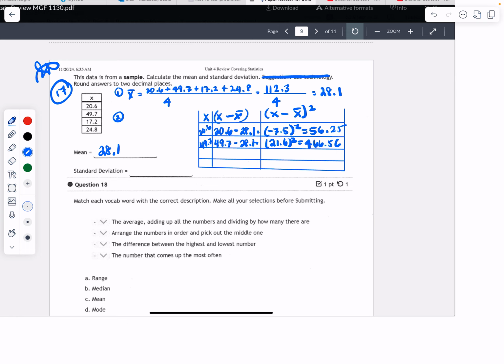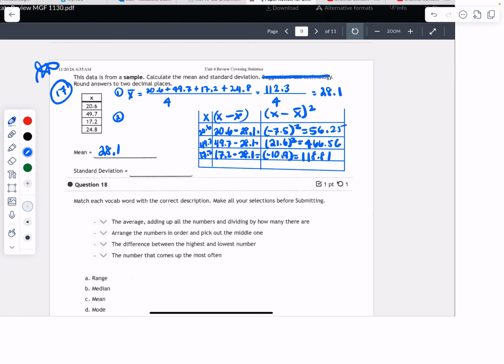And when I do that, I get 466.56. Okay, next number is 17.2. So 17.2 minus 28.1, which is my mean, equals negative 10.9. So let's square that value: 118.81.